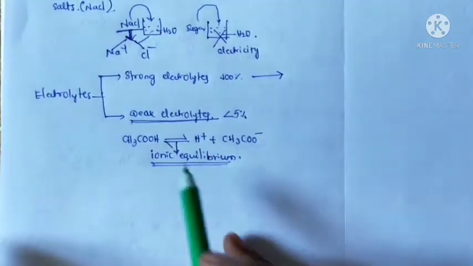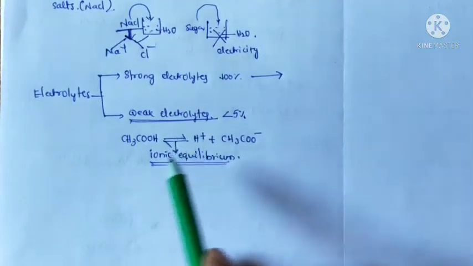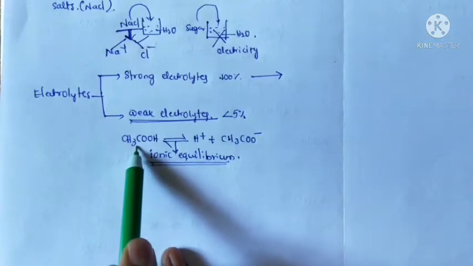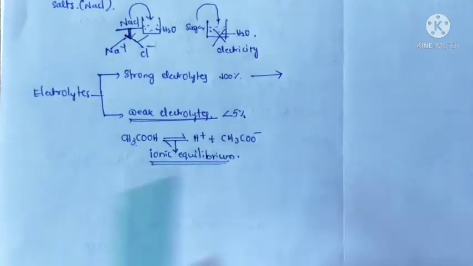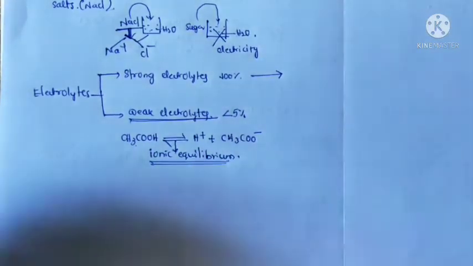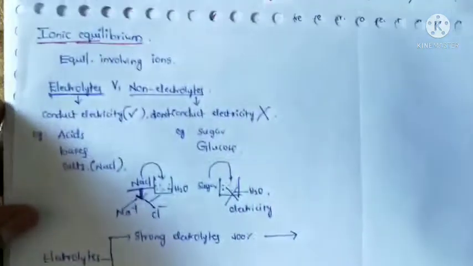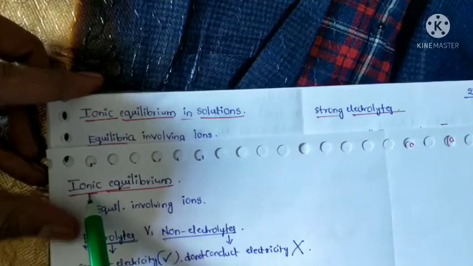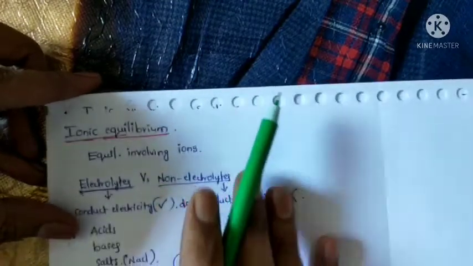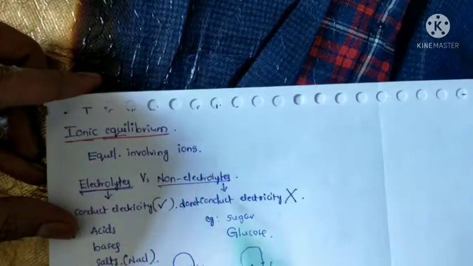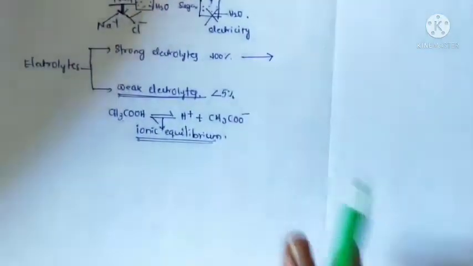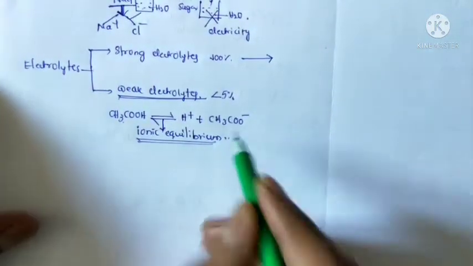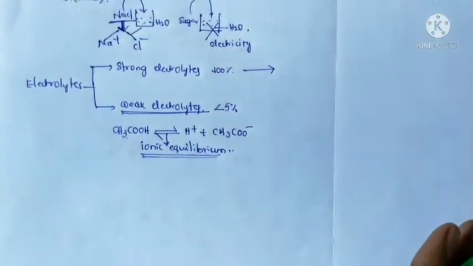That means the equilibrium will be attained between the undissociated molecules as well as ions. Firstly, we studied ionic equilibrium involving ions.